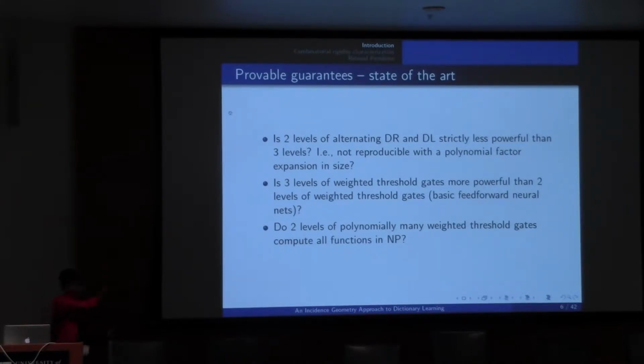So just stepping back a little bit to the general question of provable bounds in machine learning in general, not just dictionary learning. Dimension reduction, as I said, is sort of like an inverse problem of DL.